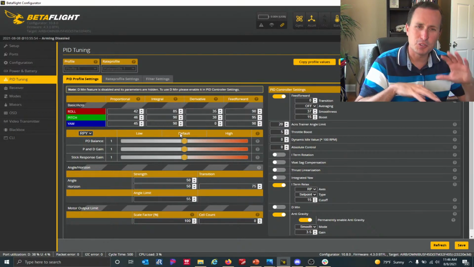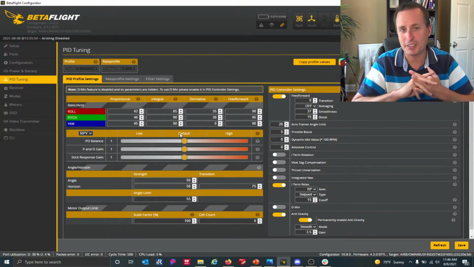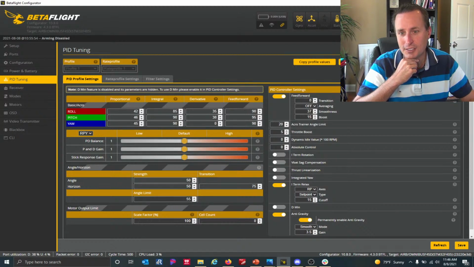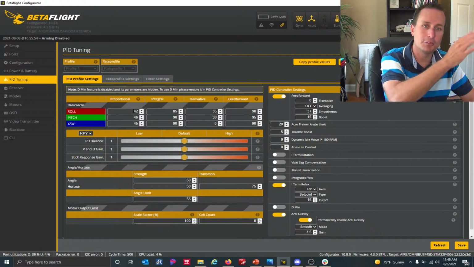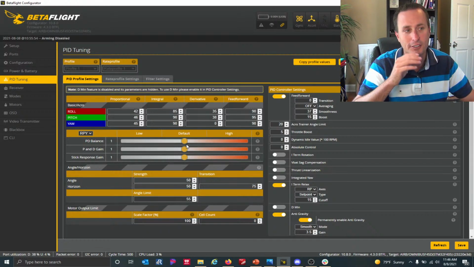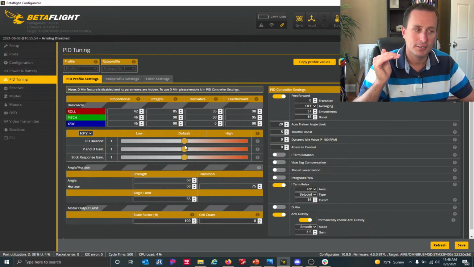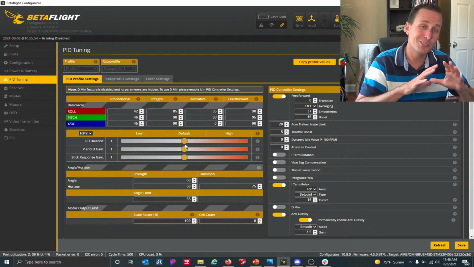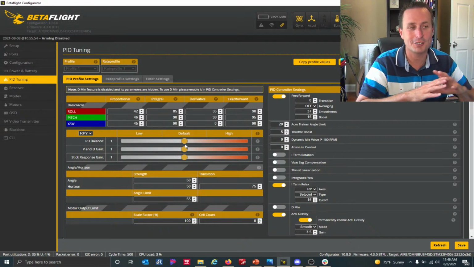There are going to be some tweaks in Betaflight 4.3 to make this even a little simpler. But when you really come down to it, the key is understanding that the relationship between those terms is what matters. And if you want to adjust and fix a problem, you really need to do it to some extent through the sliders, unless you want to do it all manually, math-wise.